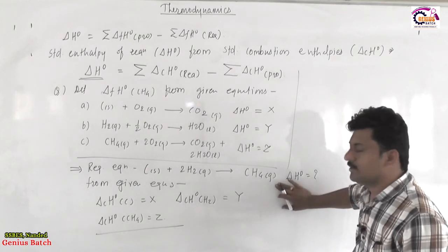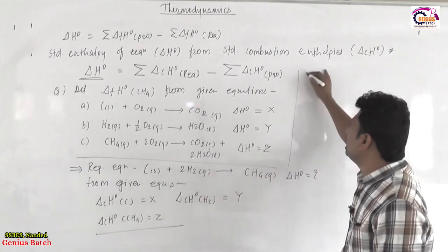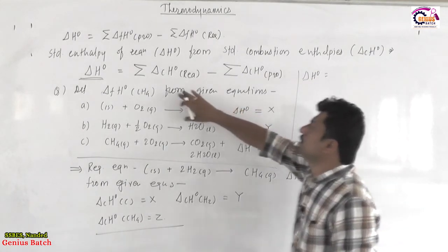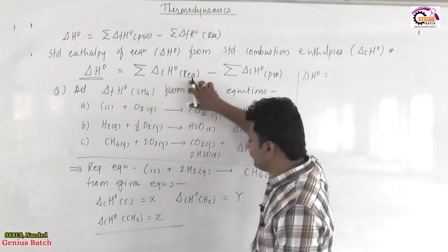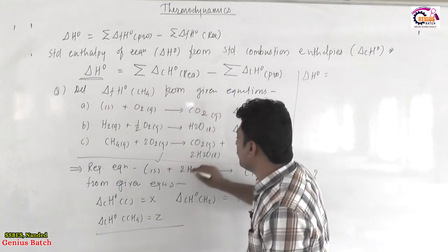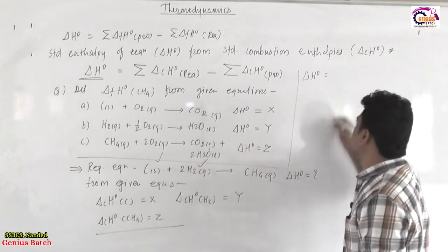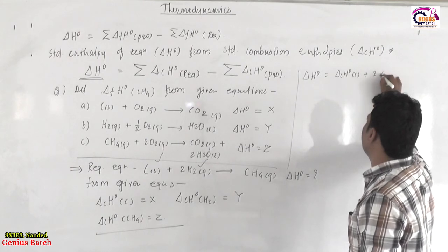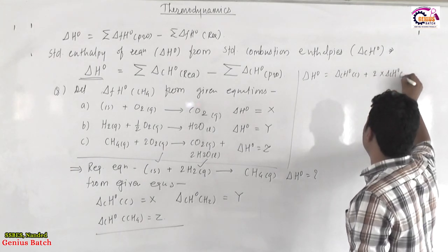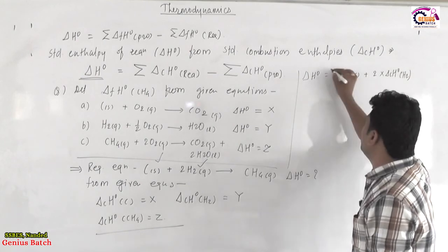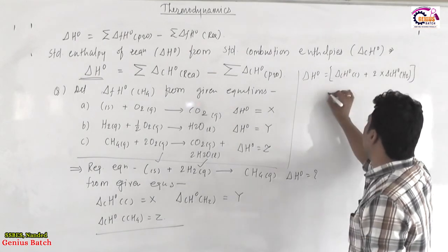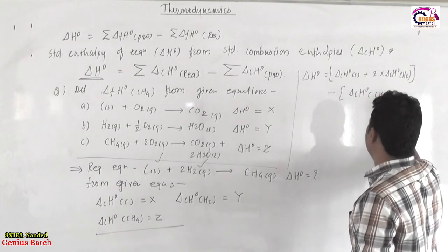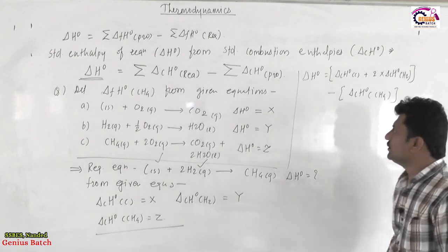For this reaction we can write: enthalpy change for a reaction is equal to the sum of combustion enthalpies of reactants. What are the reactants? Carbon and hydrogen. So it is delta CH0 of carbon plus 2 into delta CH0 of hydrogen. These two are reactants, minus combustion enthalpy of product methane, delta CH0 of methane.